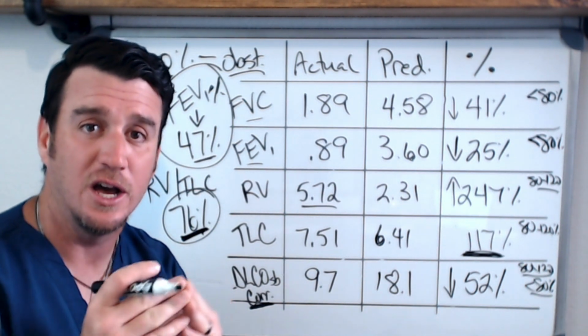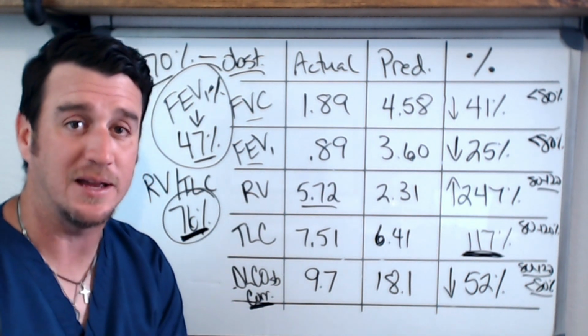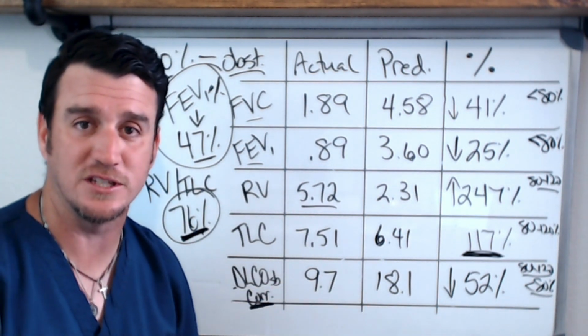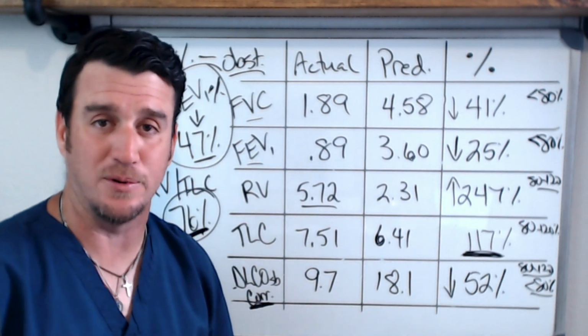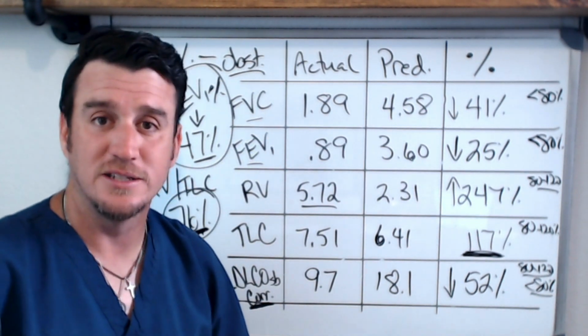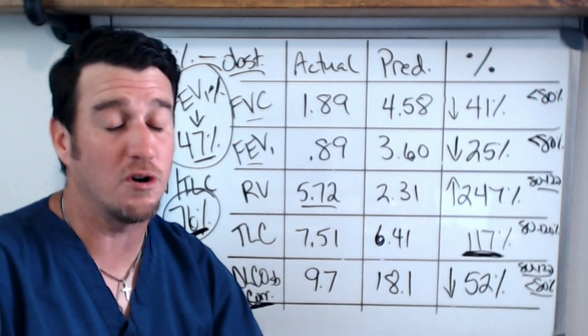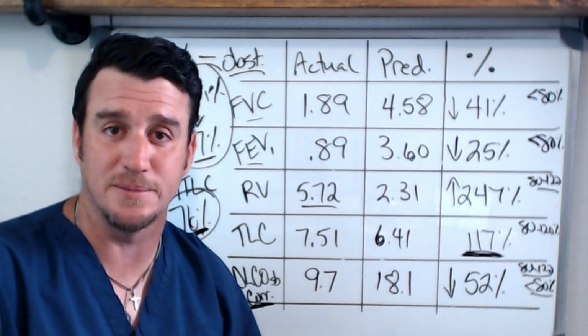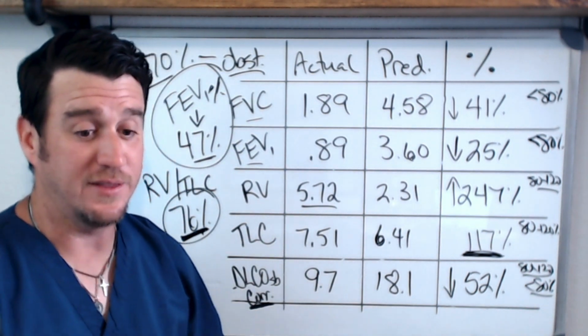This is severe acute air trapping, also causing a diffusion effect, and that's where this patient is. This would be a prime example of somebody in an acute status asthmaticus episode, or maybe even pretty much just a status asthmaticus episode. Okay, so that's where that is.